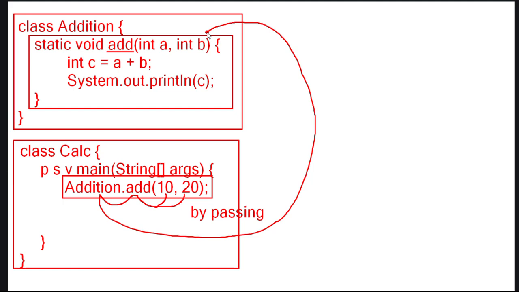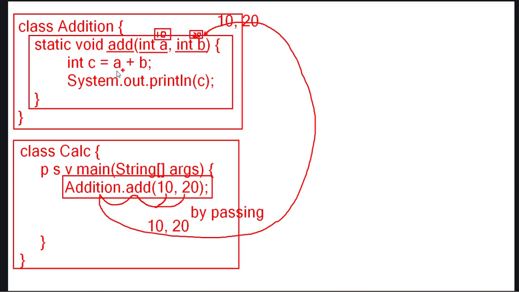Control is coming from the Calculator class main method to the Addition class add method by passing 2 values 10, 20. The 2 values 10, 20 are passed to the add method and stored inside where? Parameter a. The first parameter receives 10. The second parameter receives the value 20.